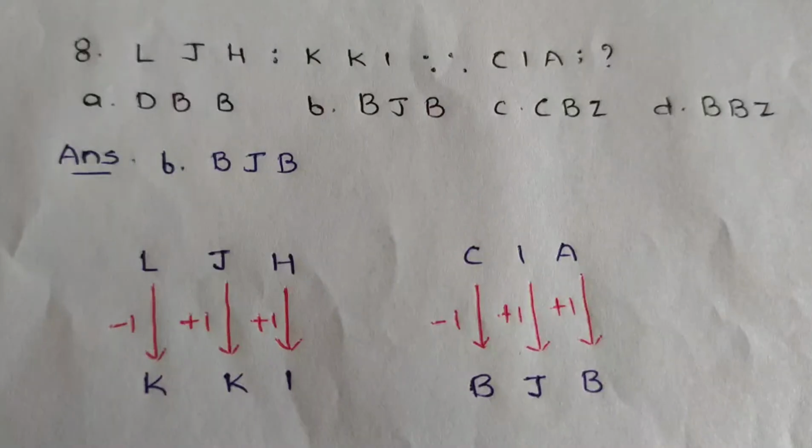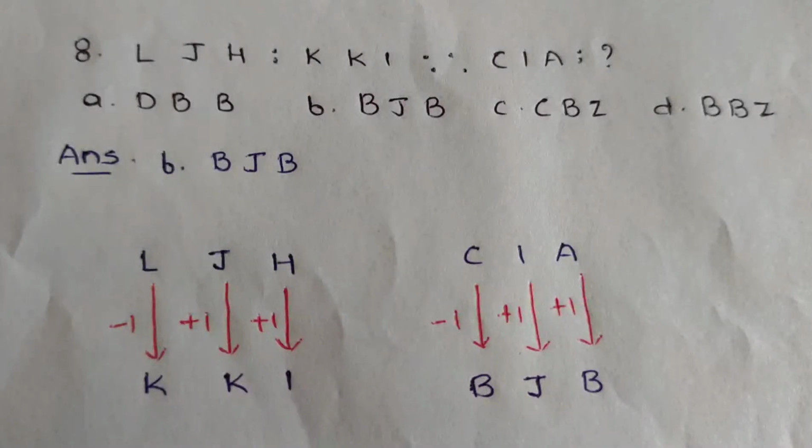So here for L they have written K, that is, the letter K comes before L. The number of L is 12, and from 12 you have subtracted 1 and obtained 11. So 11 is the number of K, right? In the alphabet series, the number of K is 11. So for L you have subtracted 1 and the resultant is K.